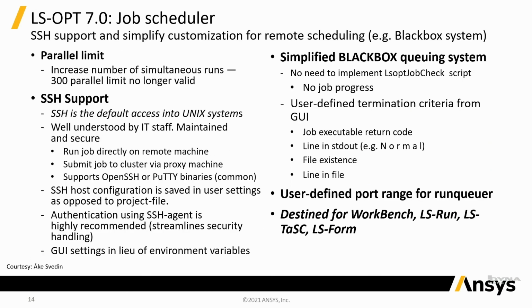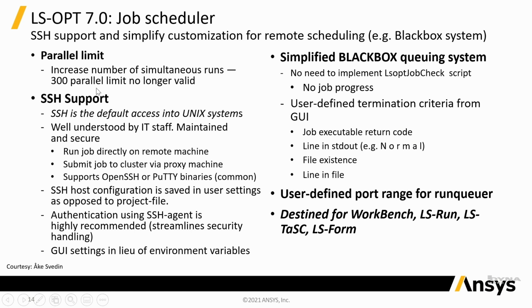And then I'll just summarize, we redesigned and re-implemented the job scheduler completely. The previous job scheduler was fairly limited. For instance, it only had a limit of 300 parallel jobs that it could run.